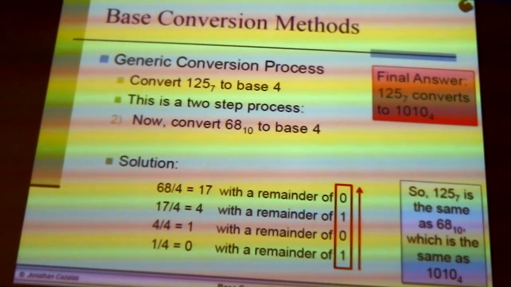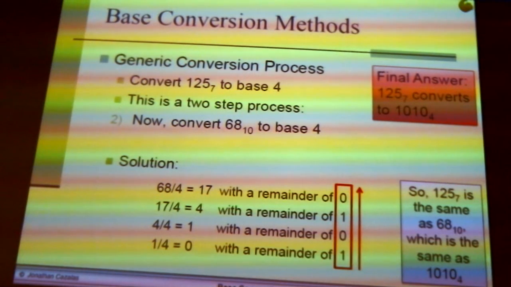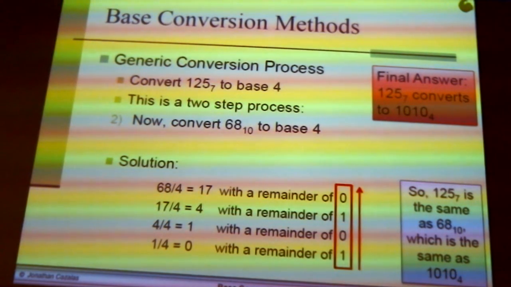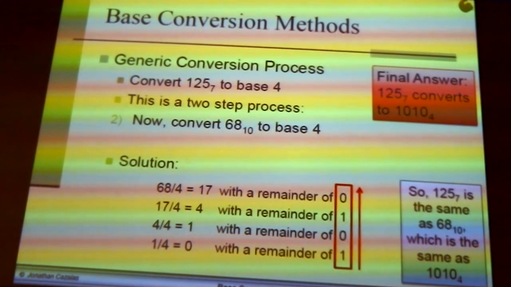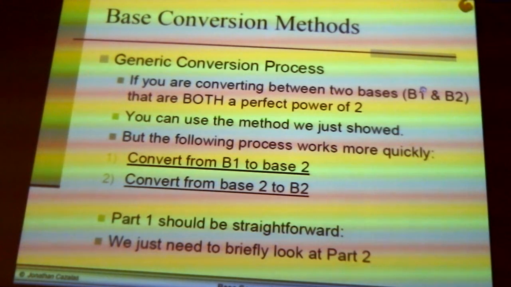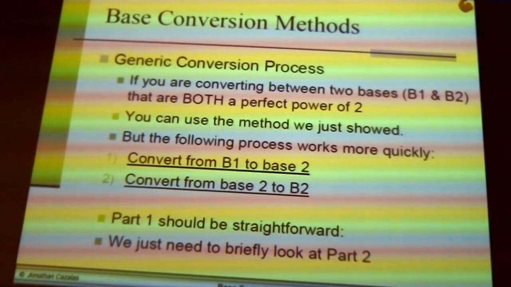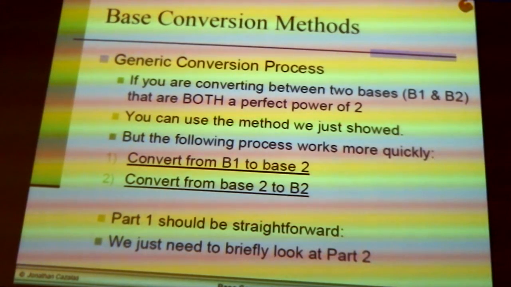From decimal, we can start doing the division. Here we divide that decimal value by 4, and then we get our value, and we have our base 7 to base 4. So it really is just a generic conversion process.